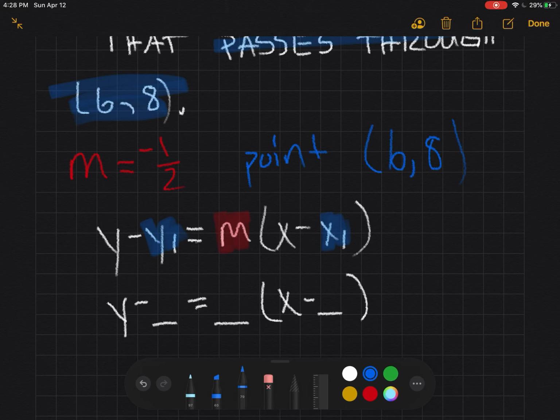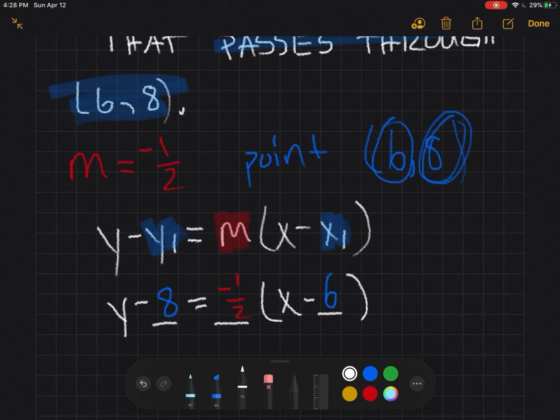So we have y minus blank equals blank times x minus blank. And how do we fill in those blanks? Well, y1 means the y coordinate of the point we're working with. So that's what we plug in. x1 means the x coordinate of the point we're working with. So that's what we plug in. And then m is our slope, so -1/2. And so there you have it.